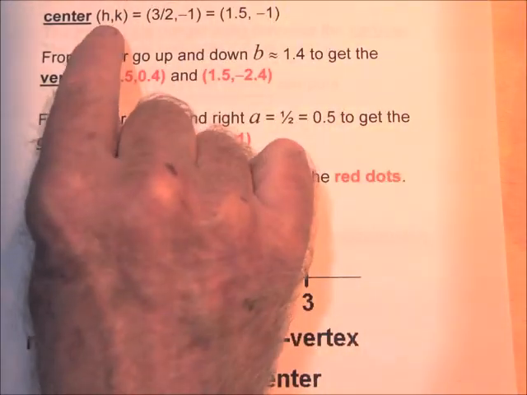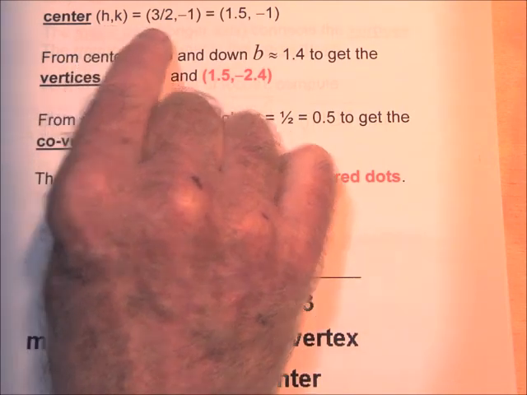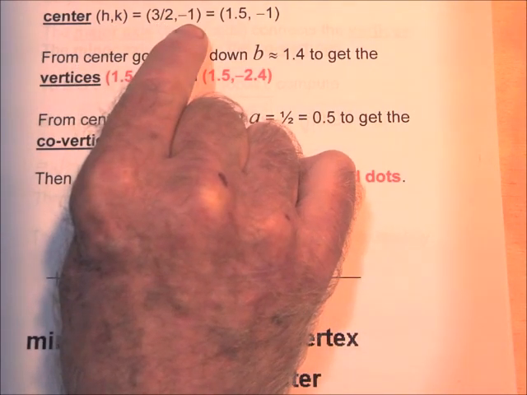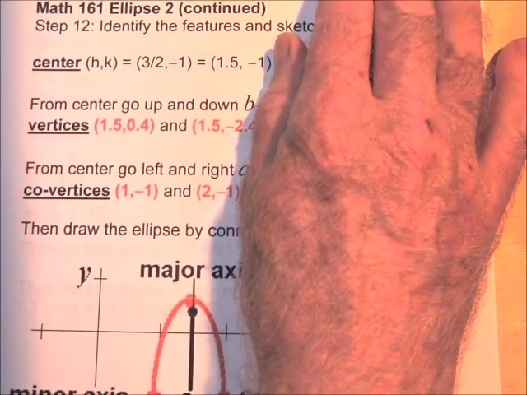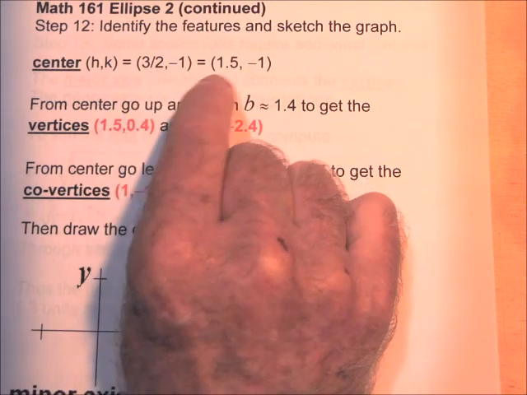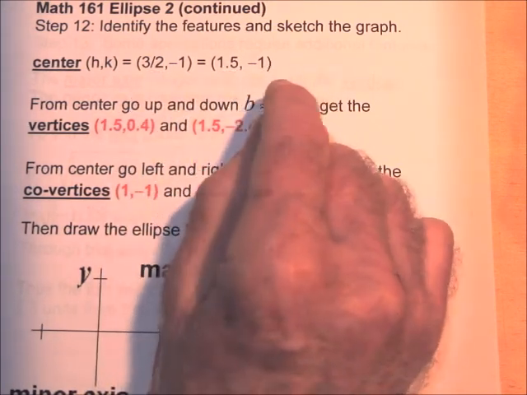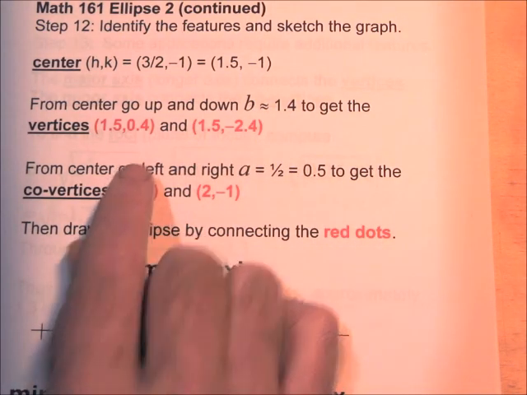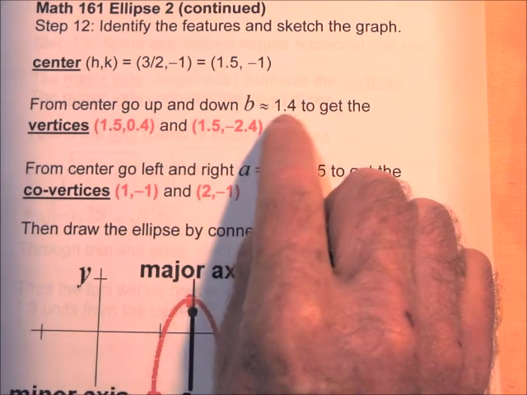Okay, so the center of the ellipse, (h, k), is going to be 3/2 comma -1. It may be helpful to put this in decimal form. As a decimal, 3/2 is the same as 1.5. It's 1 1/2, which is 1.5. And from the center, we can go up and down 1.4, since b is approximately 1.4.